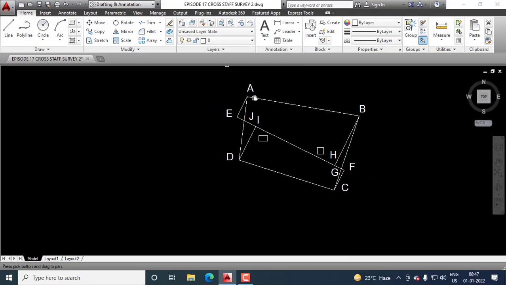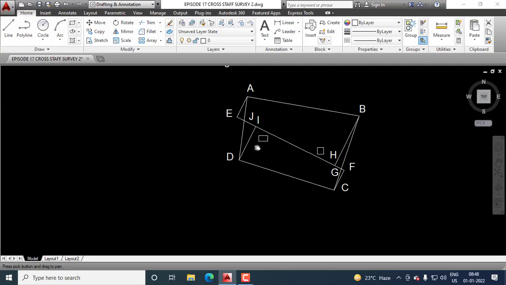If we measure the area of AEHB, the trapezium, and if we deduct the area of this right angle triangle AEJ from the area, and if we add the area of the right angle triangle BHG, that will give the area of the portion above EF of the field.